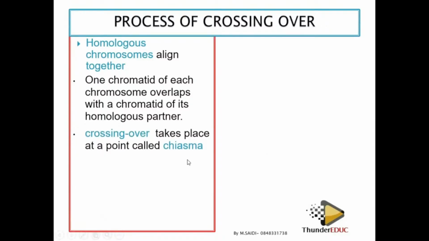If it is one, we call it chiasma. If there are many, we call them chiasmata. Chiasma is a point where these two homologous chromatids cross over during prophase I.